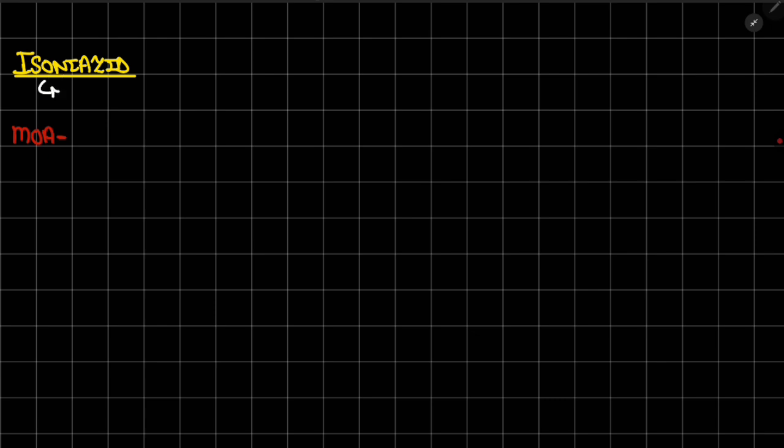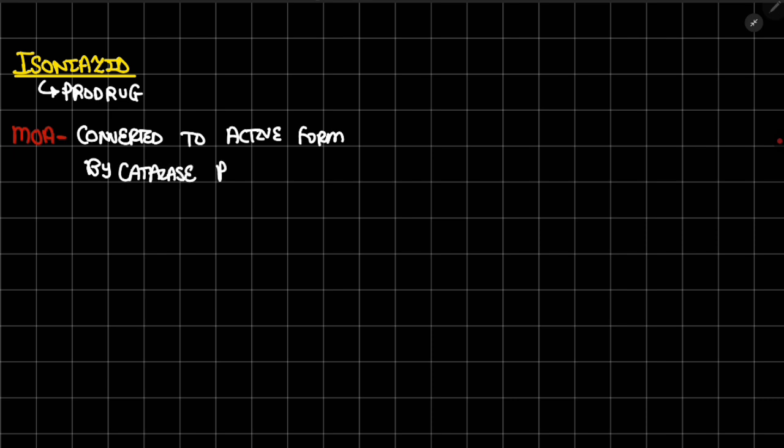When it goes in the body, it gets converted to its active form by catalase peroxidase. The peroxidase enzyme converts isoniazid to its active form.